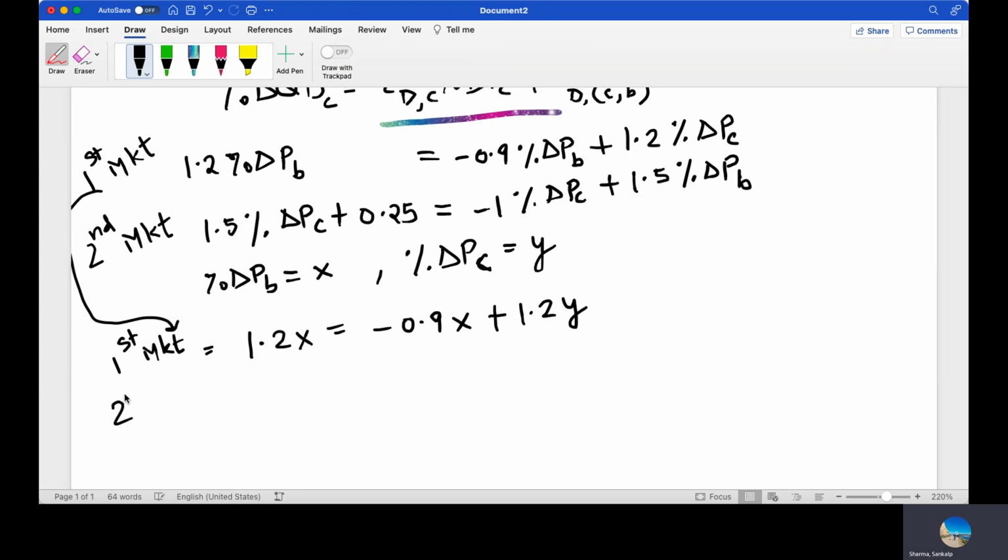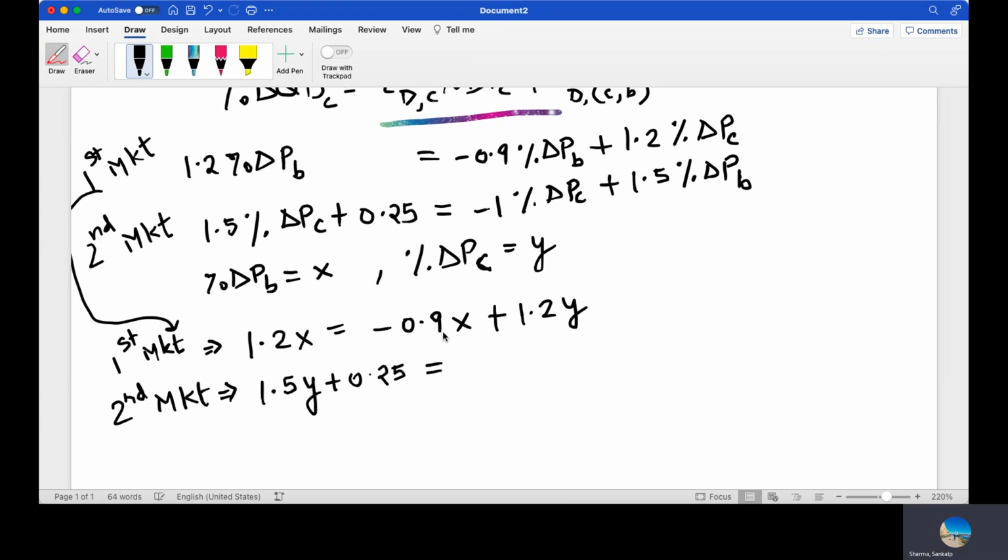And then the second market is, let me just use implied for clarity, 1.5 times the percentage change in cane. So that is, of course, y equals, okay, not equals, because I have a 0.25 here as well. So don't forget that. So plus 0.25.